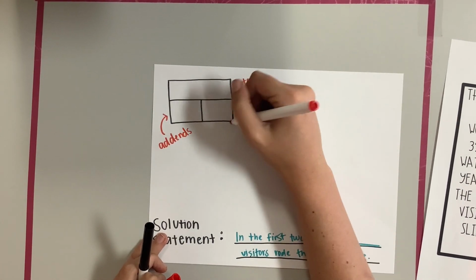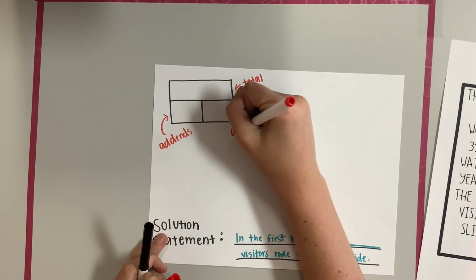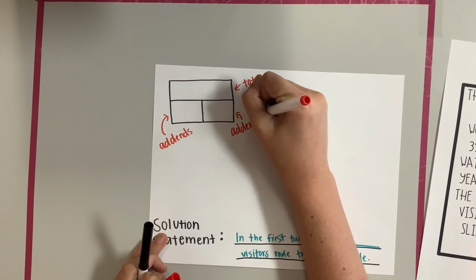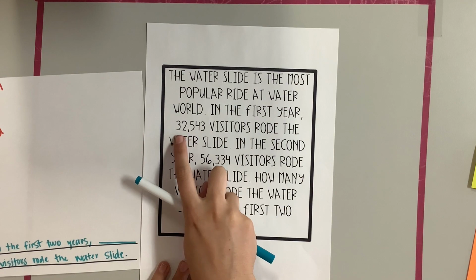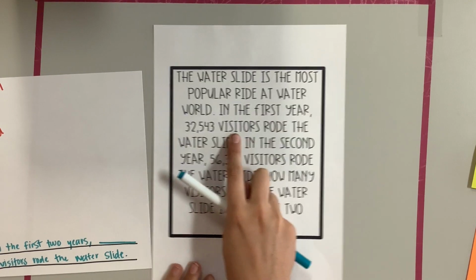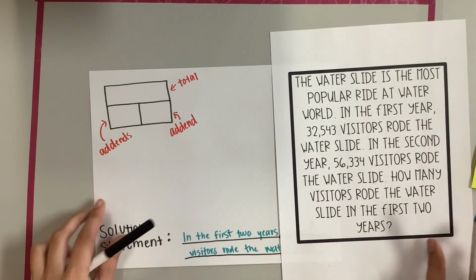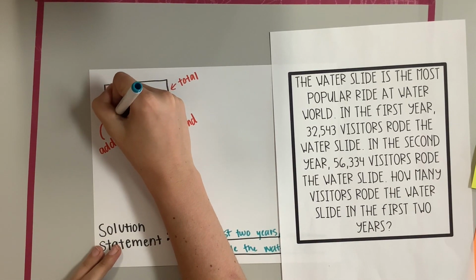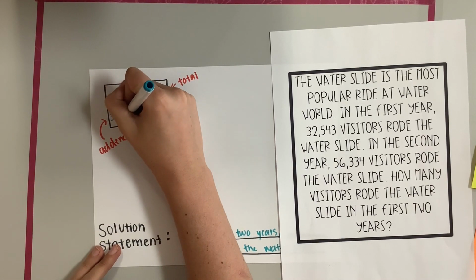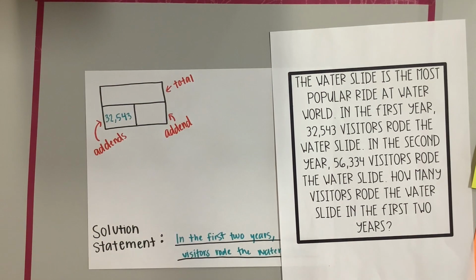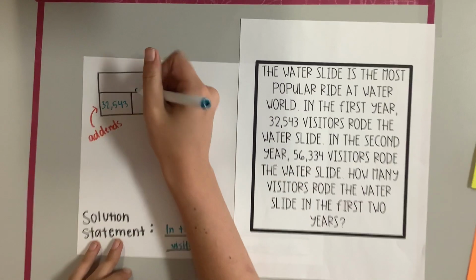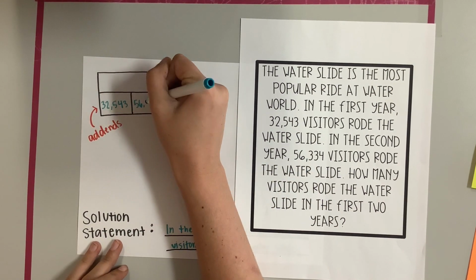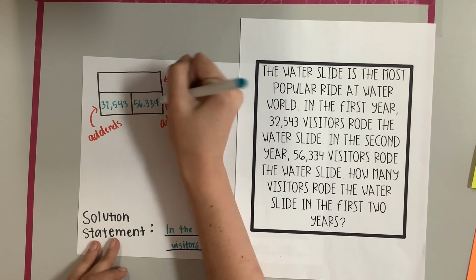Did you know those are called add-ins? So I have one add-in and another add-in. And this problem is telling me that the first year, 32,543 visitors rode the water slide. So I'm gonna put that number right here. That's how many rode it in the first year. And in the second year, 56,334 visitors rode it.